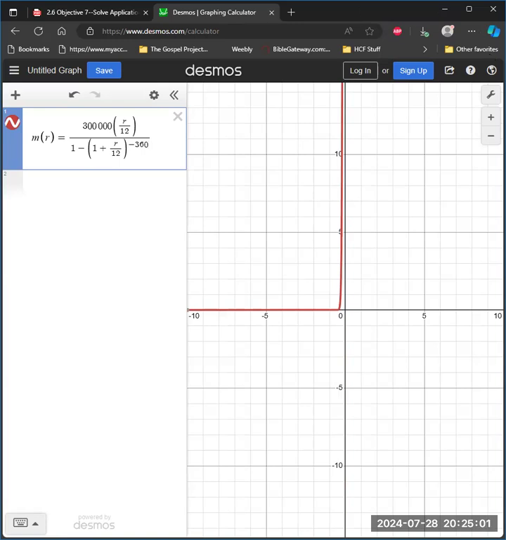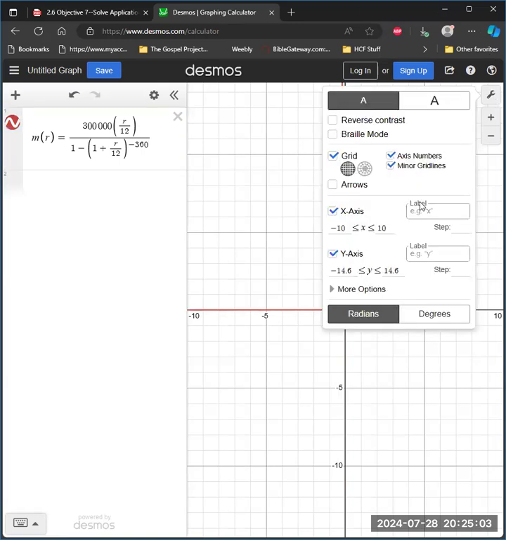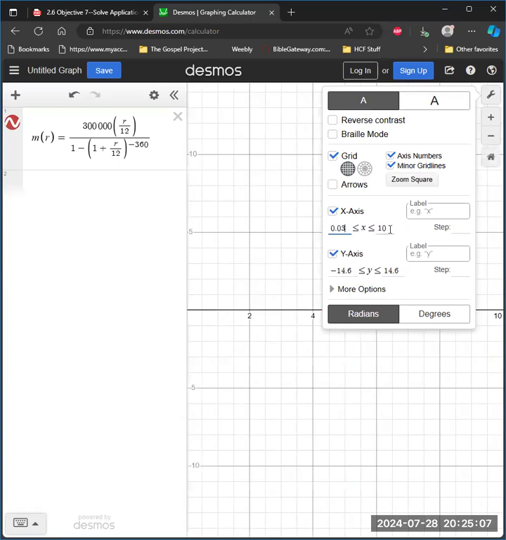And we're looking on the interval between 3% and 4%.